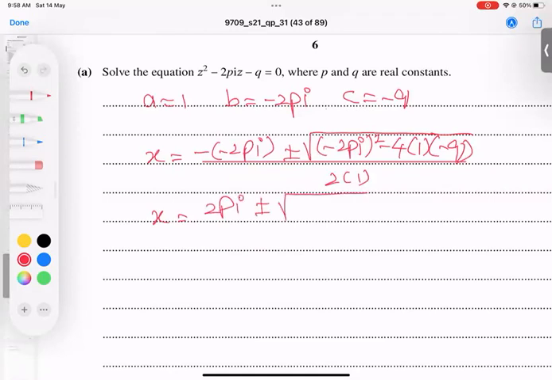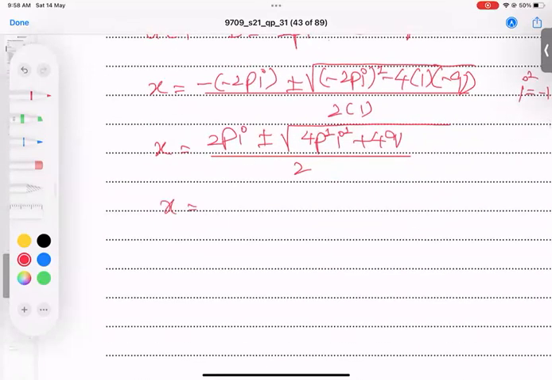And here in the root, what am I getting? The square of negative 2p iota gives 4 p square and iota square. And iota square, all of you know, is minus 1. Anyway, plus 4q, and in the denominator I'm getting 2. So 2p iota plus and minus.